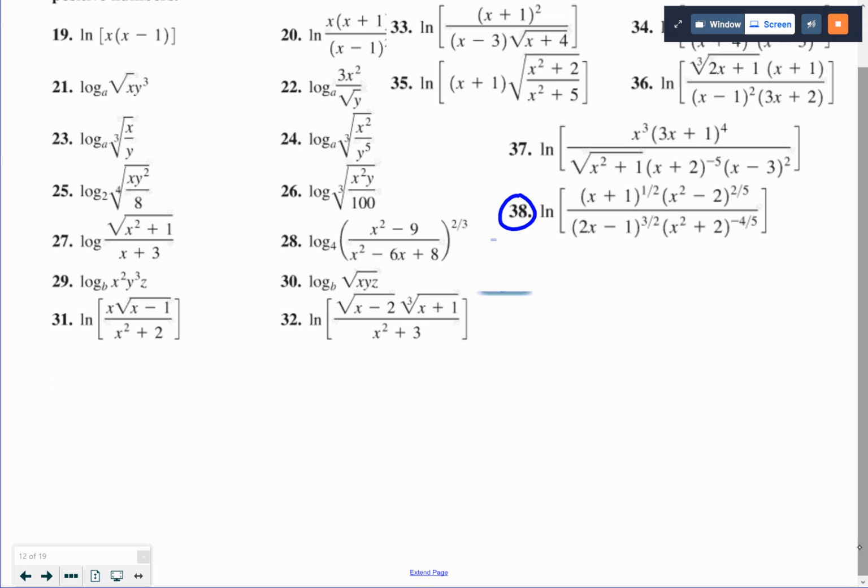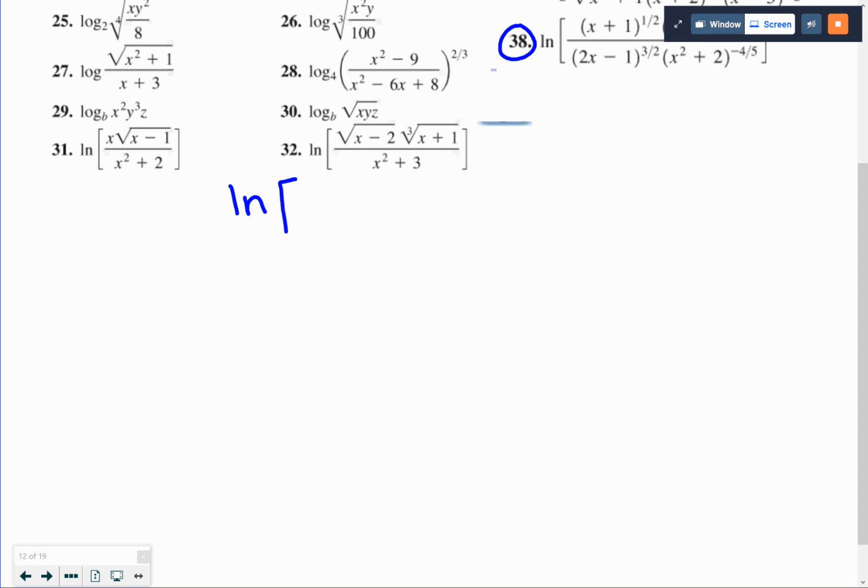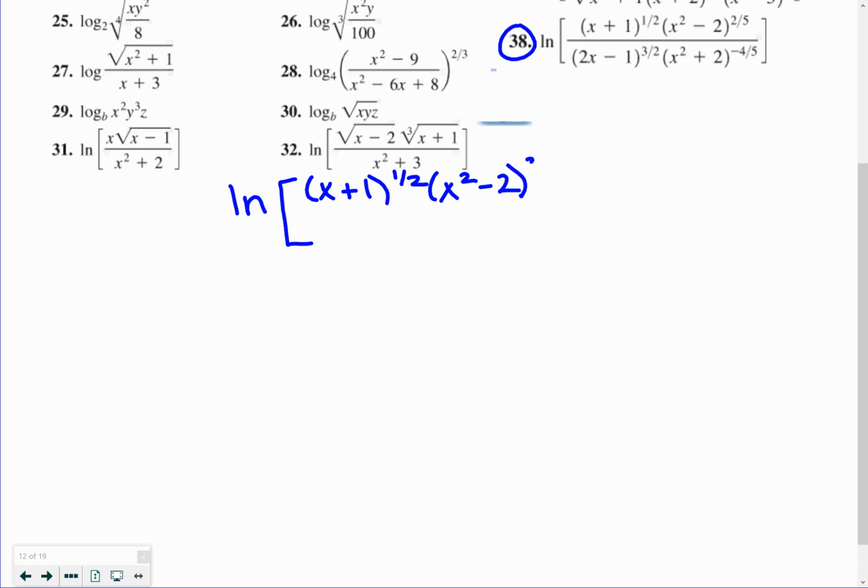All right, so I have natural log, of x plus 1 to the 1/2 power, x squared minus 2 to the 2/5 power, 2x minus 1 to the 3/2 power, and x squared plus 2 to the negative 4/5 power.